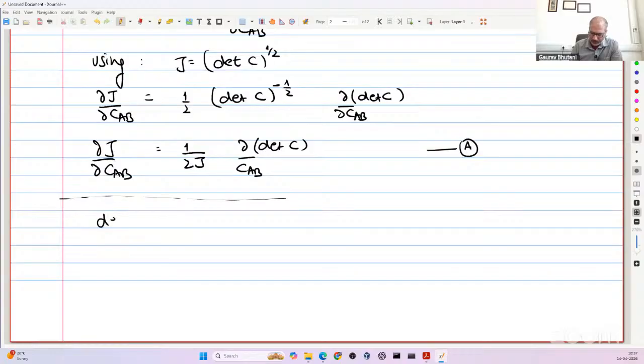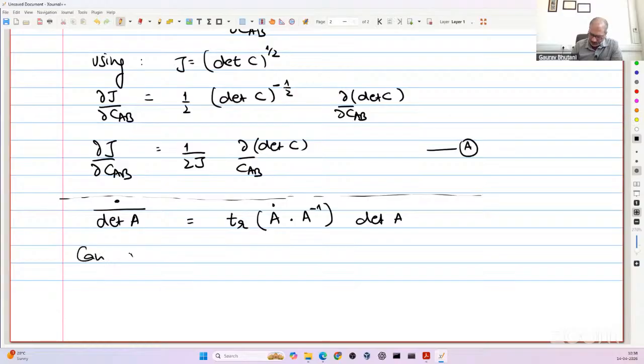That was that the time derivative of determinant of A is the trace of A dot times A inverse, inner product of that, times the determinant of A. This can also be expressed in the variational form.